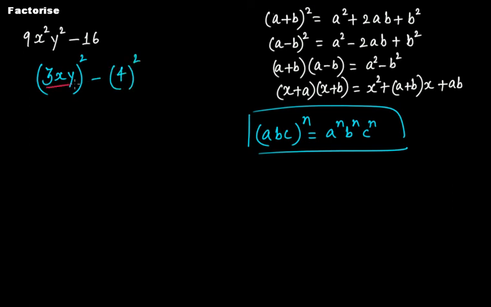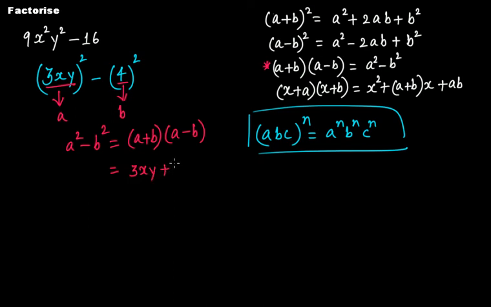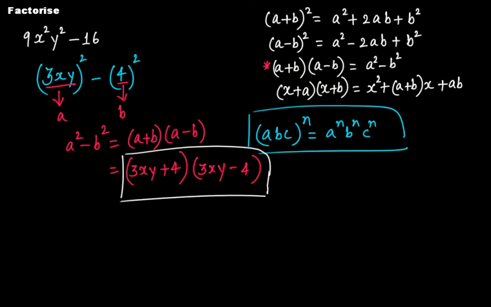Now if you take this 3xy as a and this 4 as b, this is of the form a squared minus b squared, and this should remind you of this identity, that is (a plus b) multiplied by (a minus b). Therefore if a is 3xy and b is 4, this is (3xy plus 4) and (3xy minus 4). This is your required factorization of this algebraic expression.